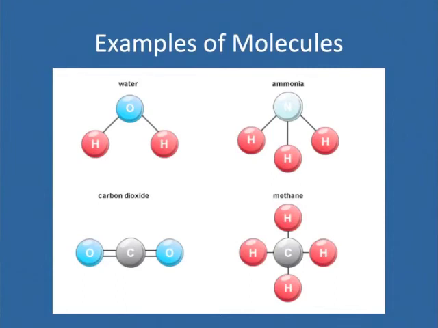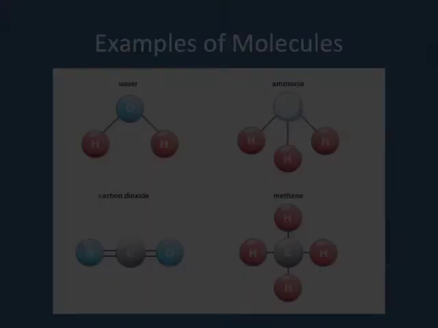And methane, with 1 carbon and 4 hydrogens bonded together. If you did a chemical change that separated these atoms apart, they wouldn't be the same substance anymore. So you can't split a molecule up and have it still be that same pure substance.